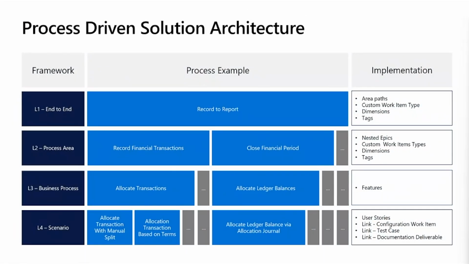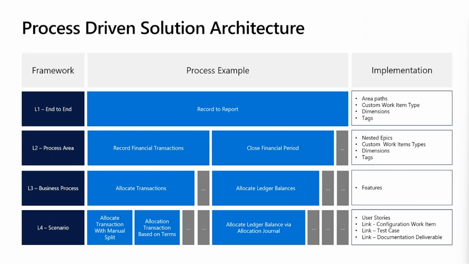So what I want to do next is talk a little bit about process-driven solution architectures. This is another view of the hierarchies with end-to-end processes, process areas, business processes, and scenarios. Sometimes you'll hear us refer to the different levels of the hierarchy by their level.